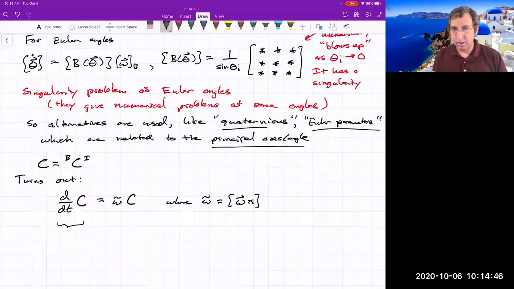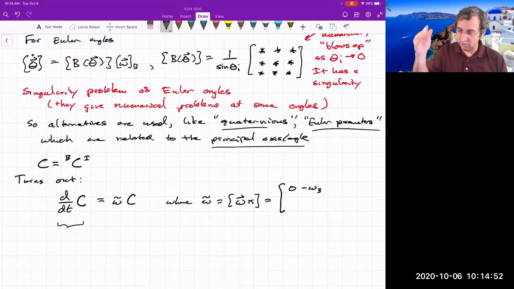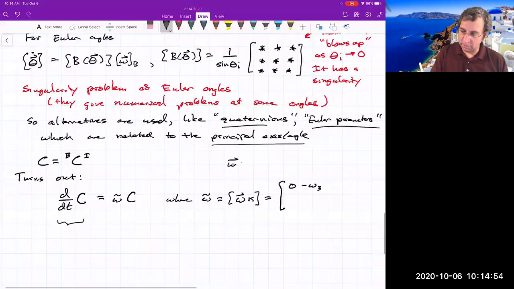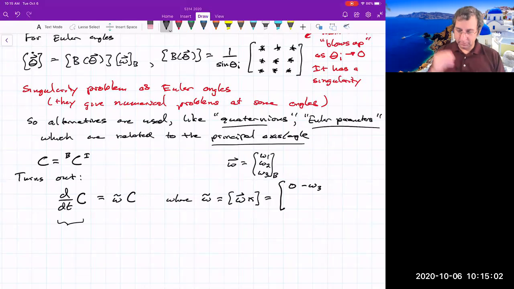It's the cross product matrix, which is a good thing to memorize if you haven't, right? You take the entries, and omega here is the omega vector viewed in the B frame. So omega 1, omega 2, omega 3. We take those 3 numbers and then we populate entries of this skew symmetric matrix.